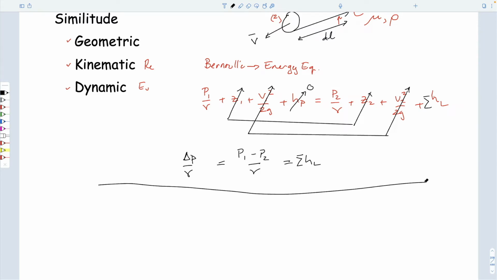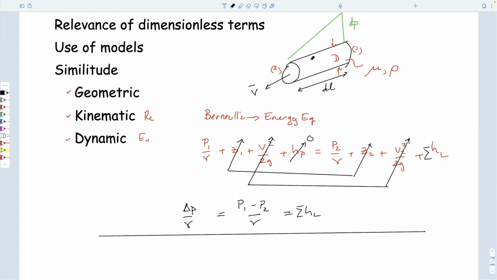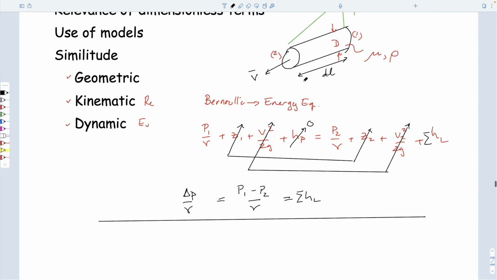And so the bottom line is that we could run an experiment where we flow fluid in a pipe. We measure the pressure drop across the pipe, and we measure the flow rate by flowing it into a bucket or have a flow meter. And then we could do experiments to characterize this system where we know nothing else about it. But we'd like to do as few experiments as we can to describe that behavior.